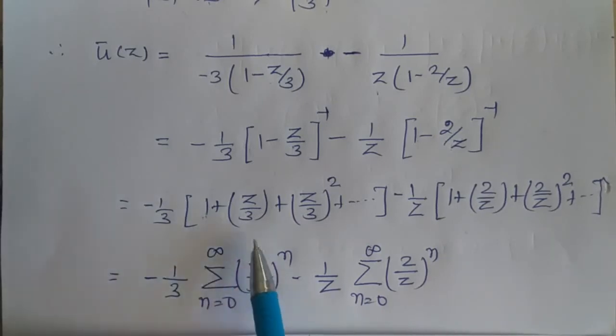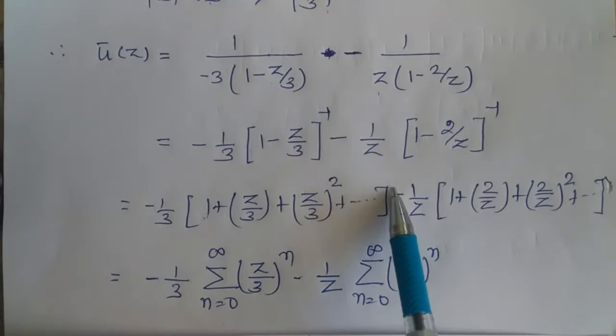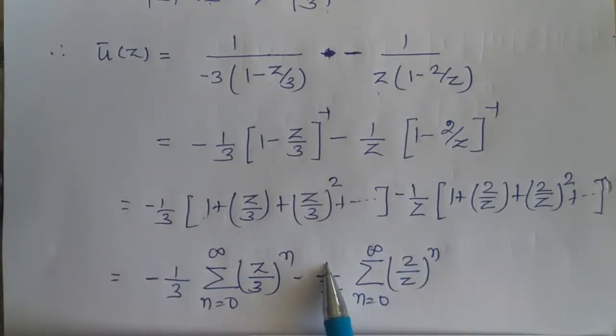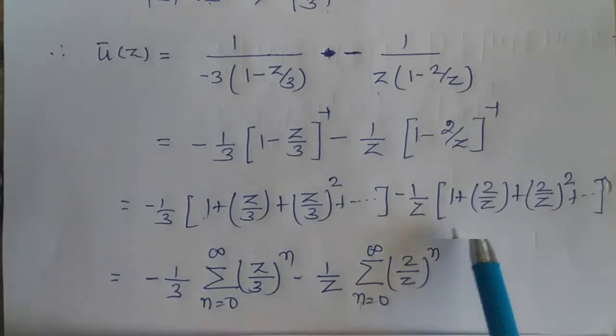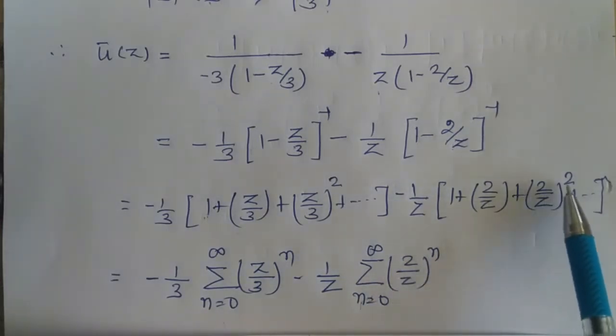For n equal to 1 we get Z by 3. For n equal to 2 we get Z by 3 whole square plus so on. And similarly this expression is minus 1 upon Z as it is. We write summation n goes from 0 to infinite 2 by Z whole power n. For n equal to 0 we get 1. For n equal to 1 we get 2 by Z. Plus for n equal to 2 we get 2 by Z whole square and so on.